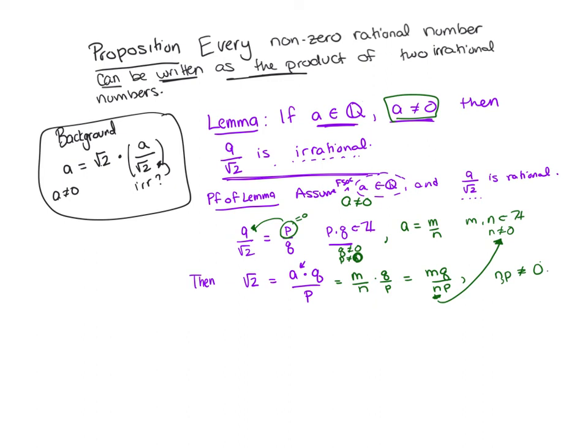Thus square root of 2 is equal to mq, which is an integer, over np, which is an integer, where mq and np are in Z, and np is not equal to 0. But that's a contradiction since square root of 2 is irrational.